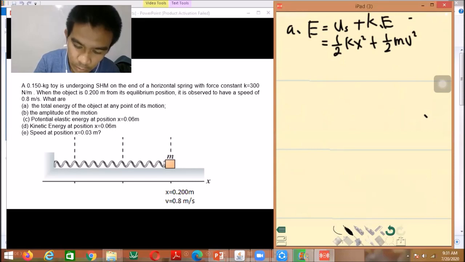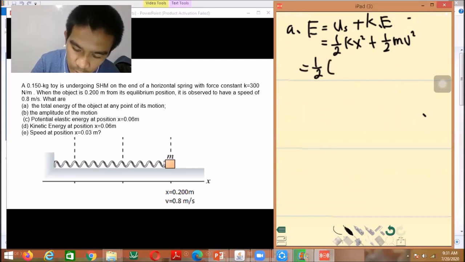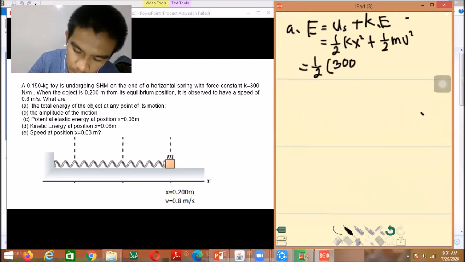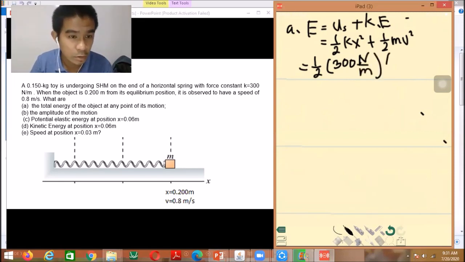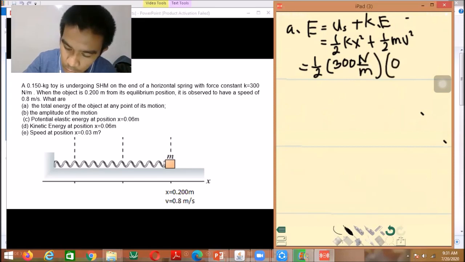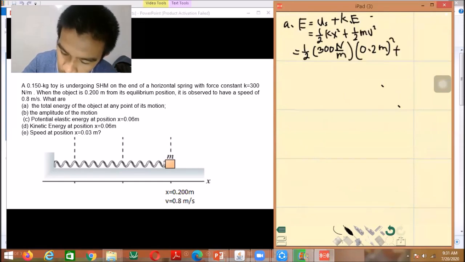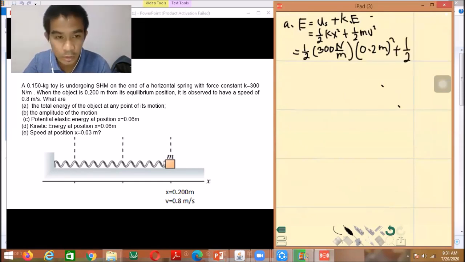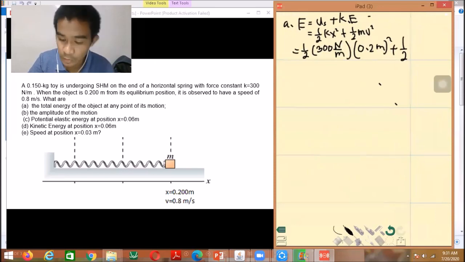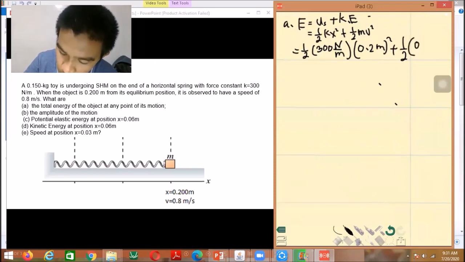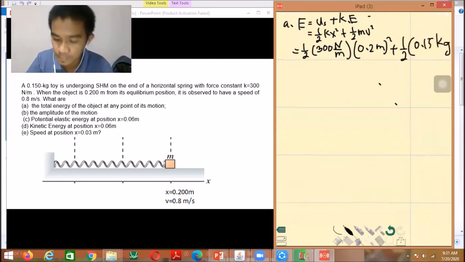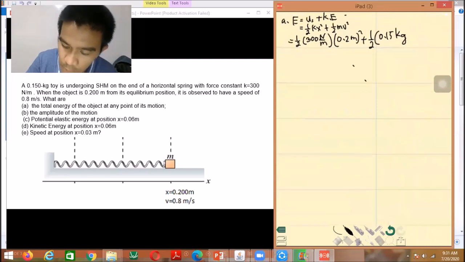So that is equal to 1/2 times 300 Newton per meter times the square of the position, 0.2 meter quantity squared, plus 1/2 times the mass attached to the spring, 0.15 kilogram, times the square of the speed.